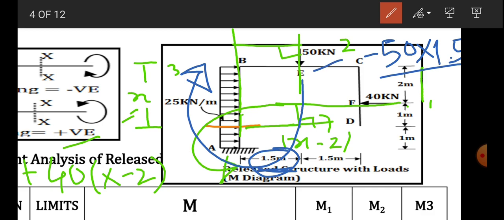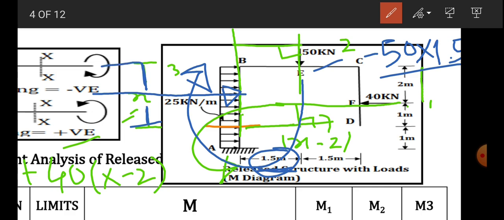Now next one is the UDL. The UDL is spread along the distance x. Now find its point load. The point load will act at the center of x. If you draw, it will act at the midspan of x.